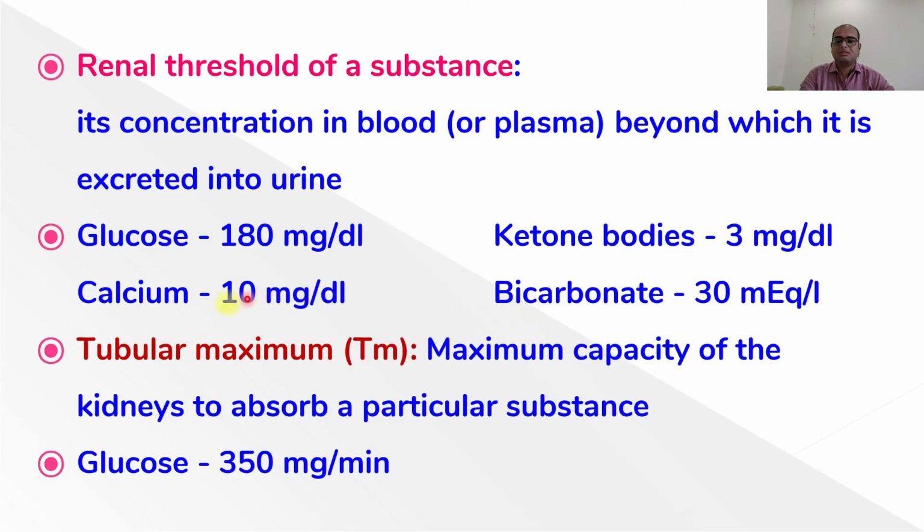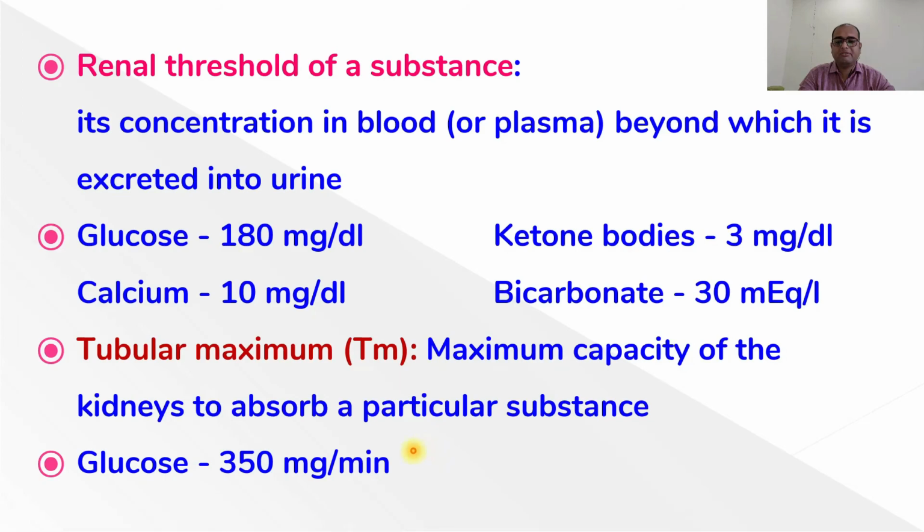So here comes another concept based on the renal threshold, which is the tubular maximum. That says the maximum capacity of the kidneys to reabsorb a particular substance. What it means is that if you have one particular threshold value, then per minute that substance will pass more through the kidney, because the total concentration is higher in the blood.